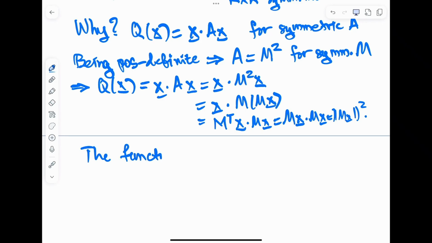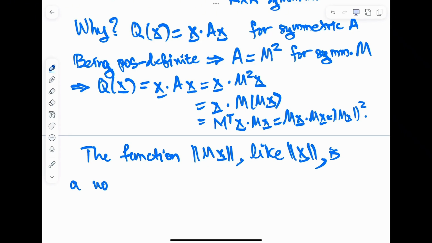So besides the ordinary length, the function length of Mx, like length itself, is a norm on R^k, in the sense of linear algebra. What's a norm?